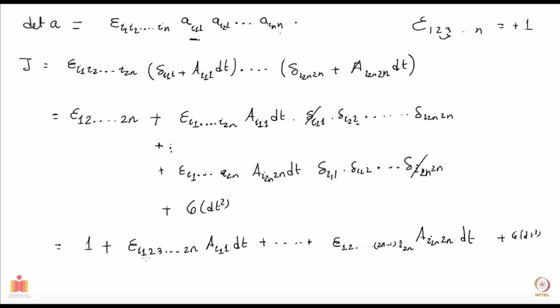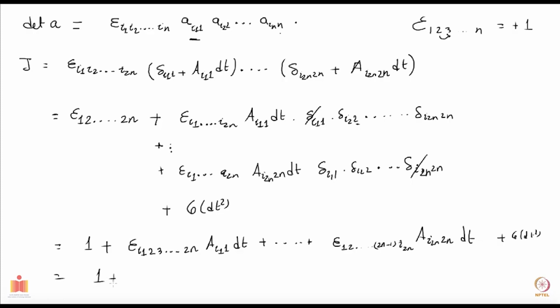Now see, this will be non-zero only if i1 is 1. If i1 is 2 or 3 or something, it's going to be 0, and you have a summation over i1 because the summation convention is still here. So the only possibility for this is to be 1, and that will give you a positive sign, because this will be epsilon 1 2 3, and that will force this one to be a11.